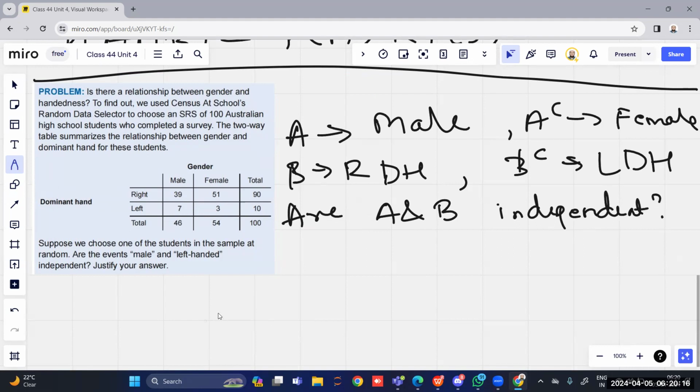So now we need to verify again: find probability A given B. Given B means B has been fulfilled. Right dominant hand, it's 90, so it comes in the denominator, and the intersection of A and B means right and female, it is 39.